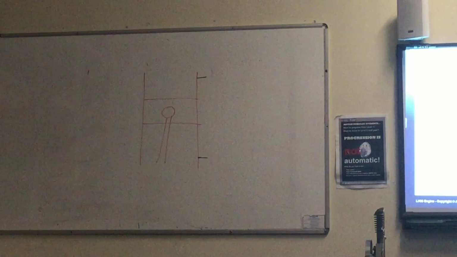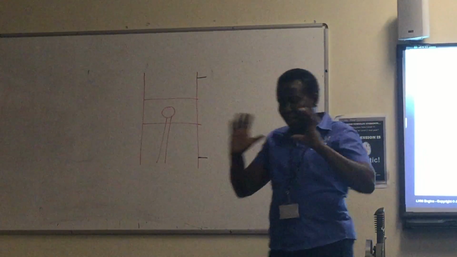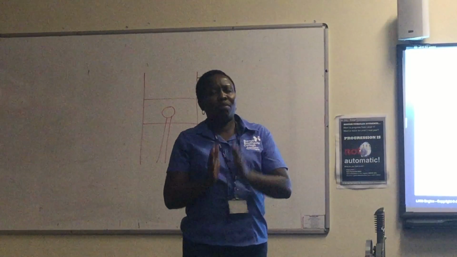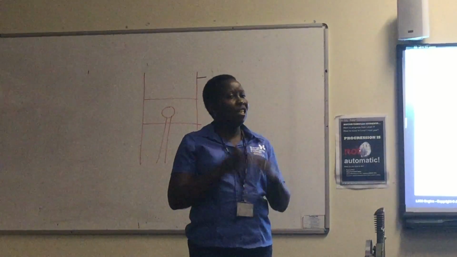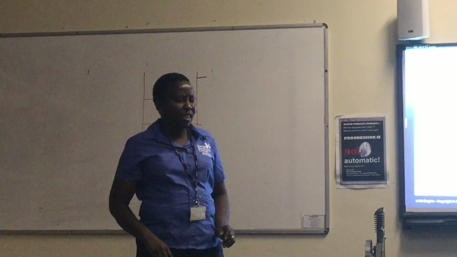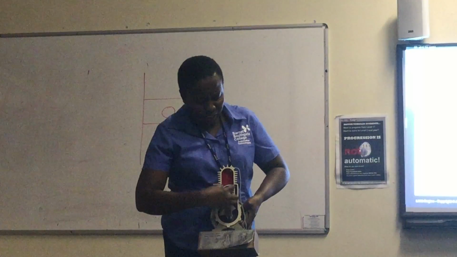Right, what I have drawn there, if we have an engine, we can have 4 cylinders in an engine, or it can be 6 cylinders, it can be 8 cylinders. What we mean by a cylinder, it is a section like this. So if it is 4 cylinder, we'll be having 1, 2, 3, 4 on a block.